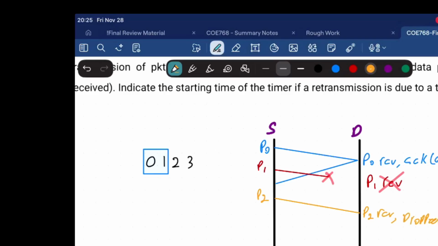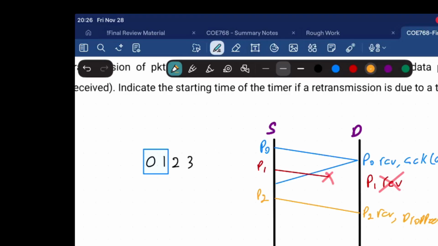And the reason behind this is because the sequence has been broken as P0 was received, P1 was not received, and P2 was given. Therefore, something has gone wrong, and P2 has been dropped as P1 was not received. So since it wasn't received, it drops it.